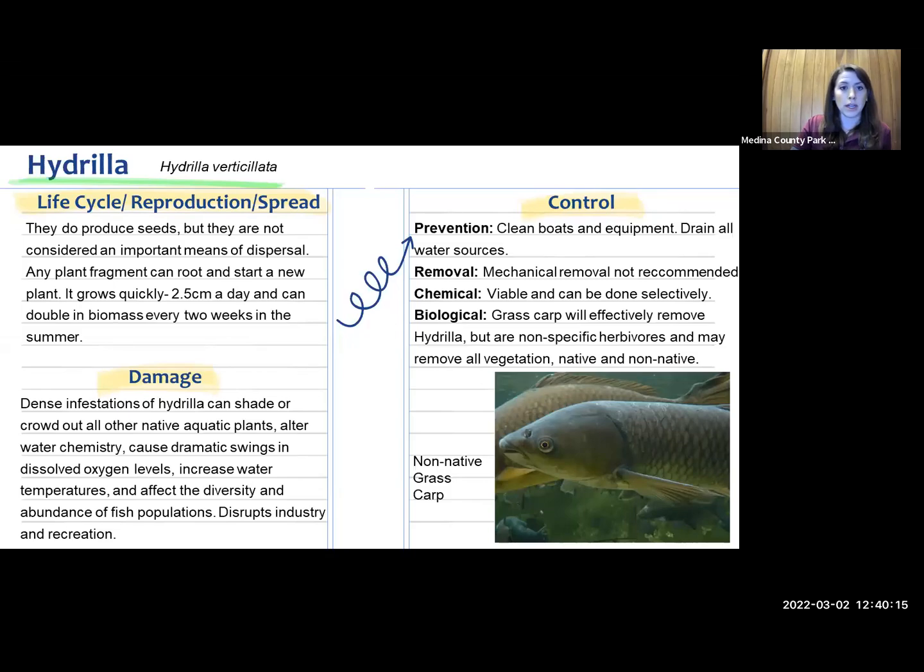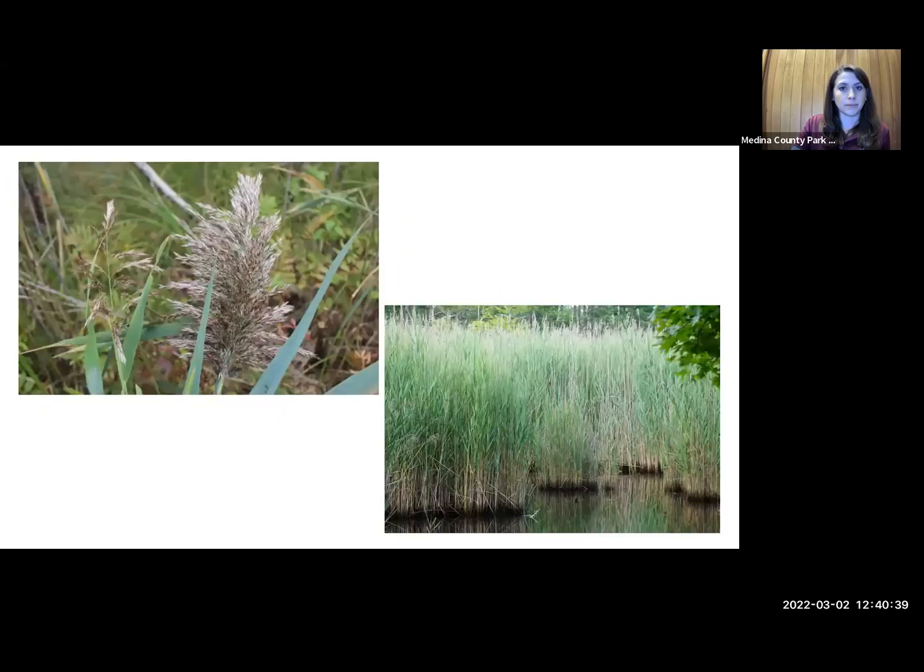Non-native grass carp will eat and effectively remove Hydrilla, but they're not specific herbivores. They're not like that weevil, which is only going to go for the milfoil. Grass carp will pretty much eat anything that's in there. So I'd be really interested to see how that's been effective for some areas.